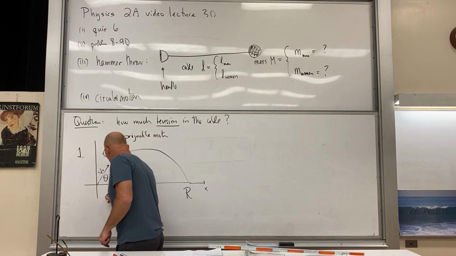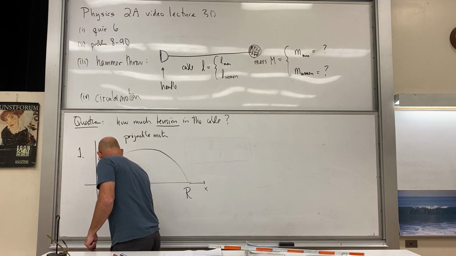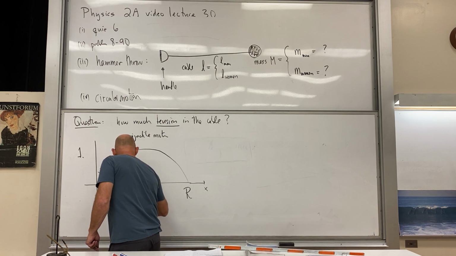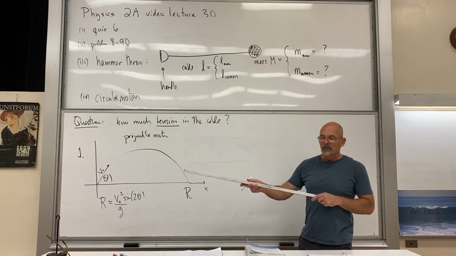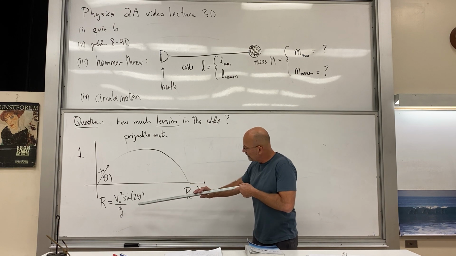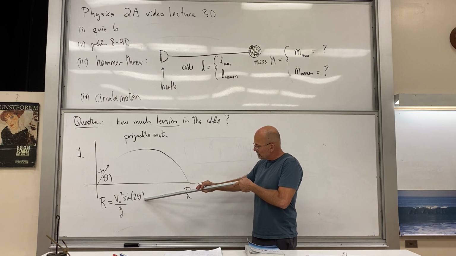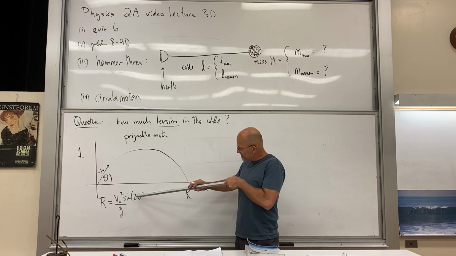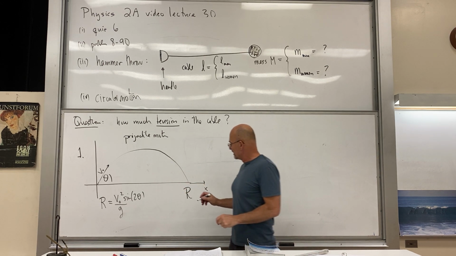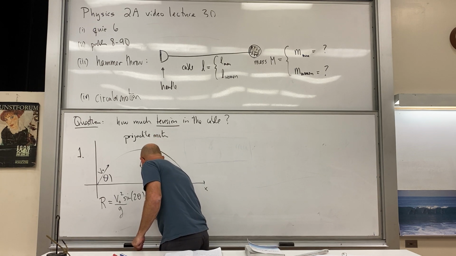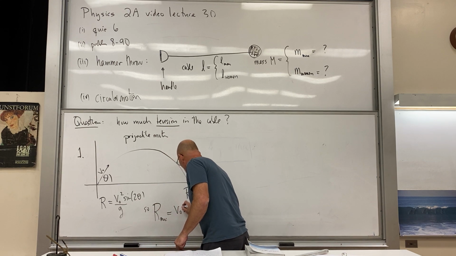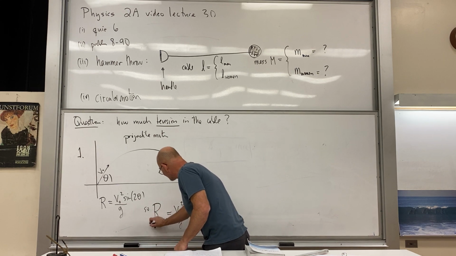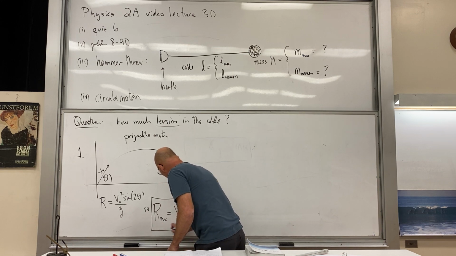And we even know the range formula, R is equal to v0 squared sine of 2 theta over g. But we're trying to set a world record here, and so what we would use is the angle that gives us the maximum range, which is 45 degrees. And then the sine is just equal to 1. So we have R max is equal to v0 squared divided by g. So there's one of our ingredients.